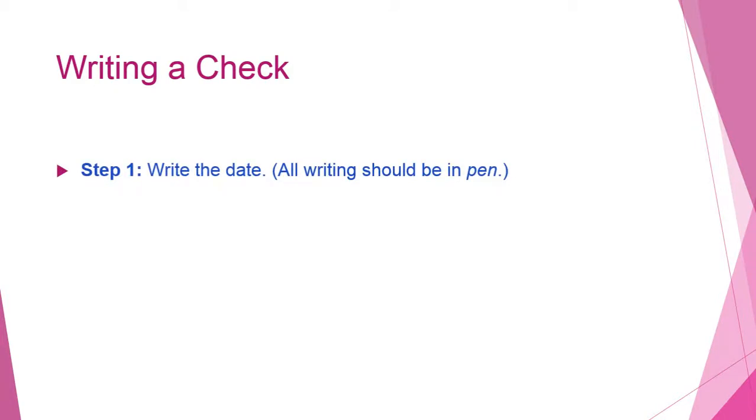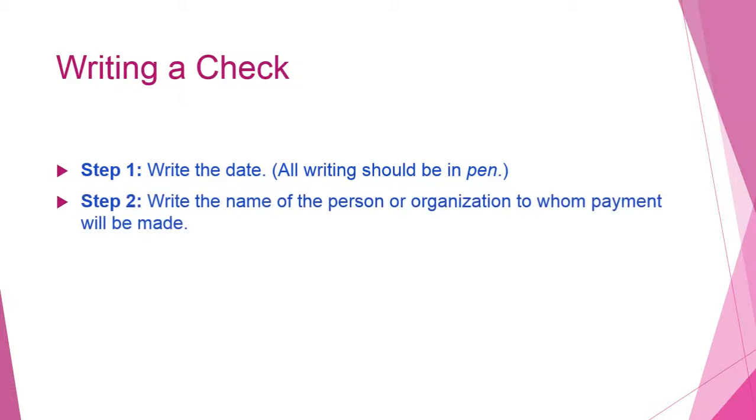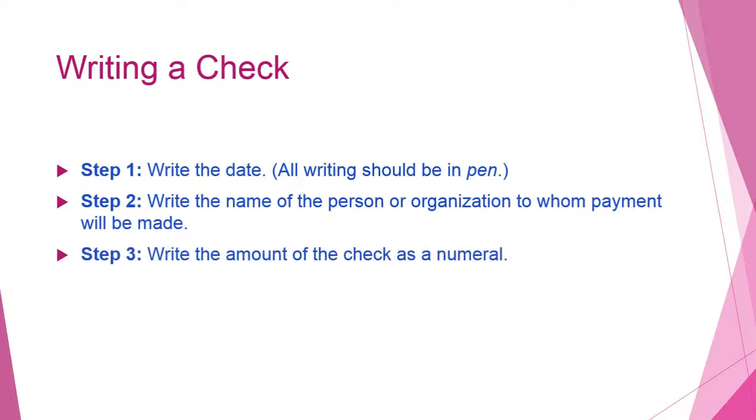So writing a check, there are a few steps. The first step is you want to write the date, and keep in mind that all writing should be in pen. Second step is to write the name of the person or organization to whom payment will be made to. Step 3 will be to write the amount of the check as a numeral.